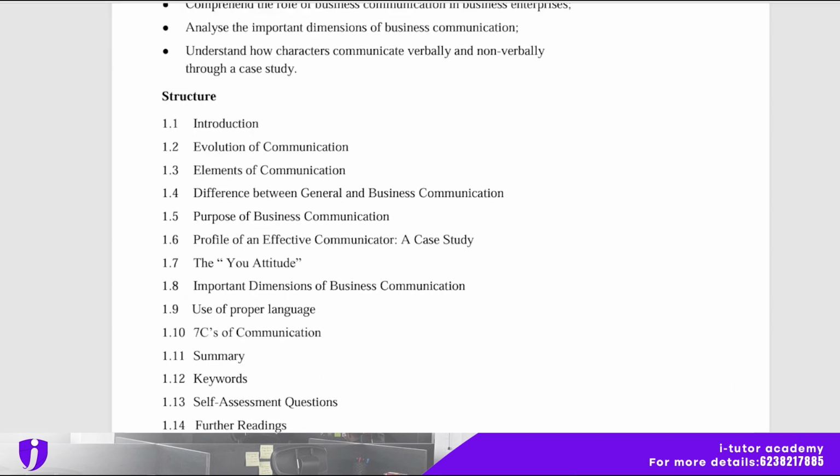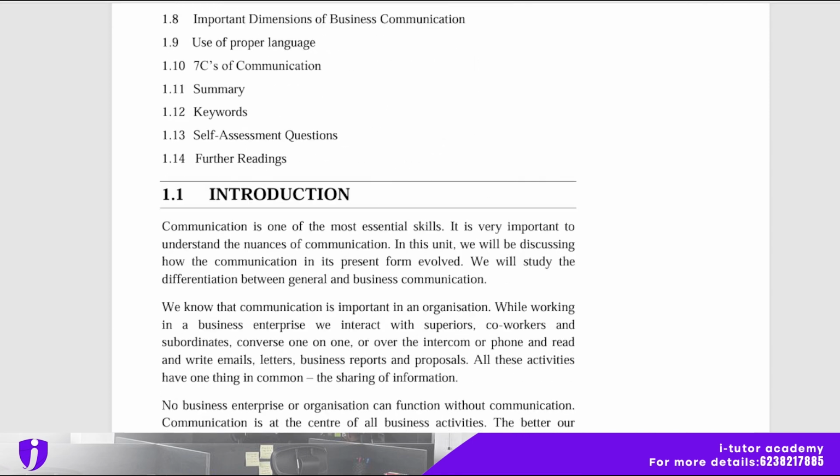The structure of this unit is: an introduction part, evolution of communication, elements of communication, difference between general and business communication, purpose of business communication, profile of an effective communicator, a case study, the you attitude, important dimensions of business communication, use of proper language, 7 C's of communication, summary, keywords, self-assessment questions, and further reading sections also in this unit.